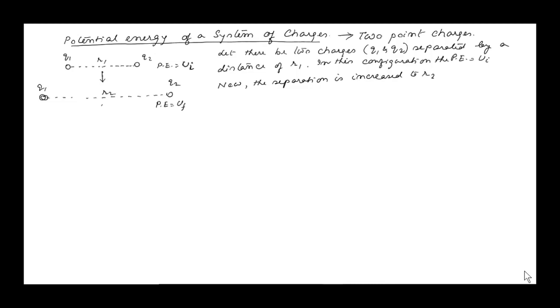Now if we keep the position of Q1 fixed, then Q2 is displaced by dr. So work done due to this displacement dr is dWe is equal to F vector dot dr vector.